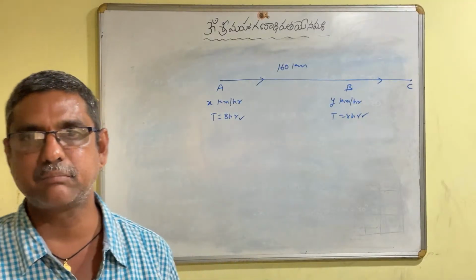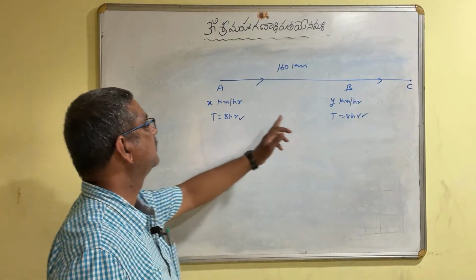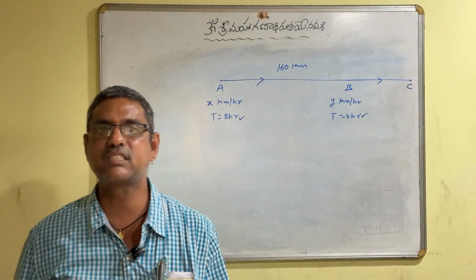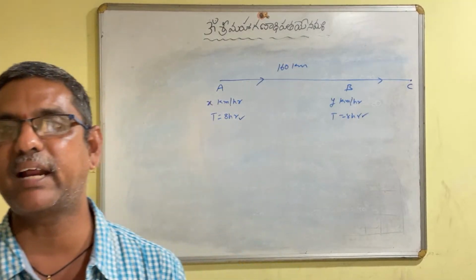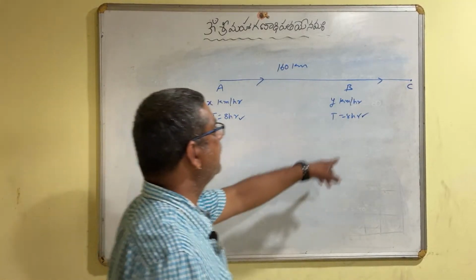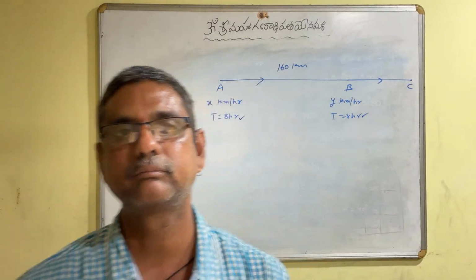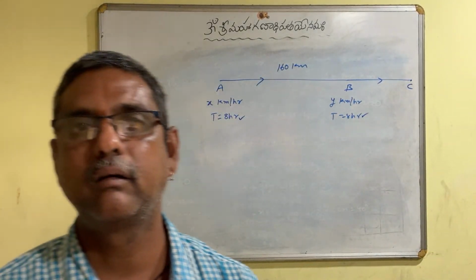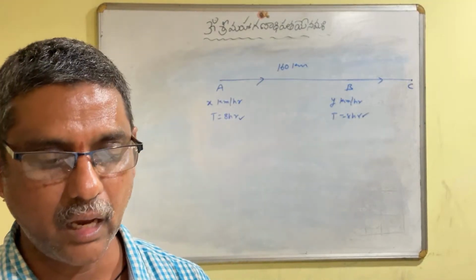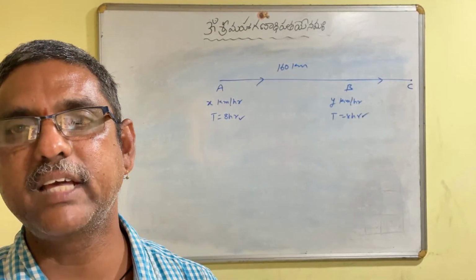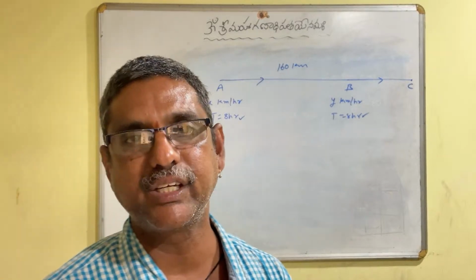After 8 hours means both the cars' journey time is same. After 8 hours, they will meet at a place called C. Okay, na? Now, with this condition, we need to form an equation.